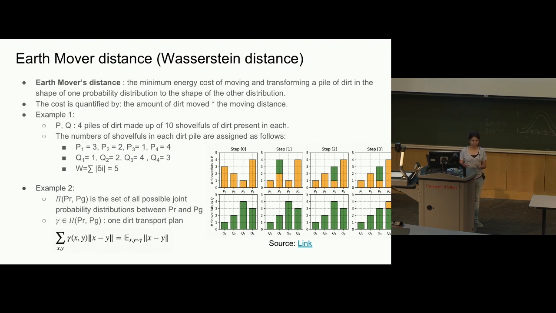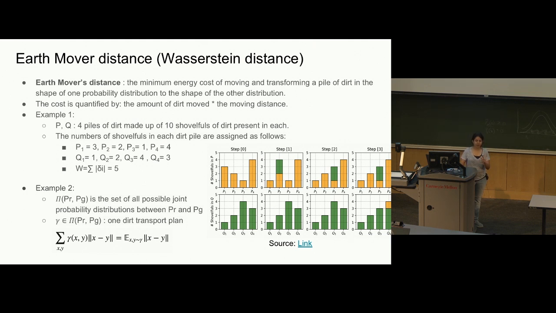So let's imagine there's a huge pile of dirt which is your PR, and you want to transform another pile of dirt, P theta, into this PR by moving some shovelfuls of dirt from P theta to PR. So, earth mover's distance basically calculates the cost of transforming this pile P theta into PR by calculating the amount of dirt you move from P theta to PR.